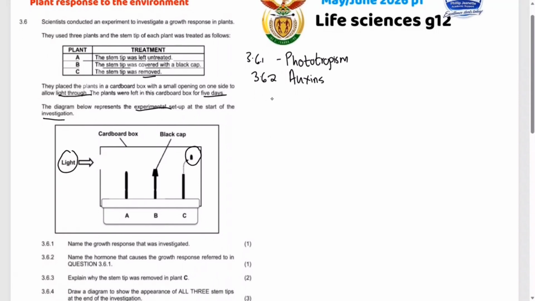Now 3.6.3 says explain why the stem tip was removed in plant C. Good people, remember that since auxins are produced at the tip of the stem, what happens when we remove the stem tip?